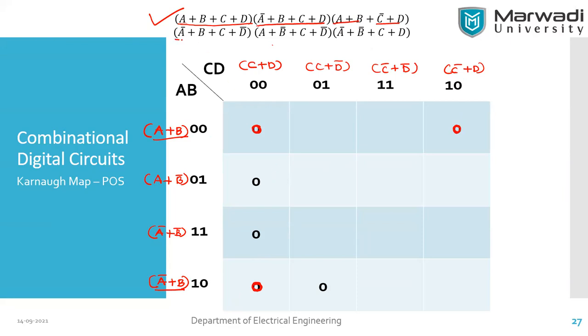Then A bar plus B plus C plus D bar, that is 0 here. Then A plus B bar, C plus D bar. So A plus B bar, C plus D. Sorry, I think there must be some mistake.